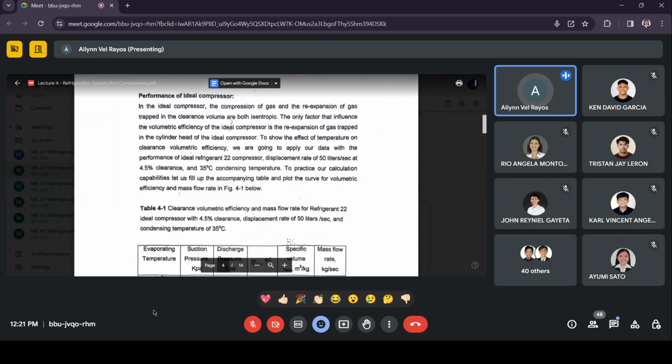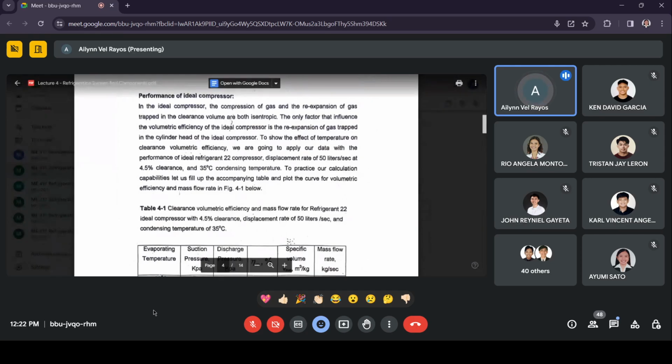To show the effect of temperature on clearance volumetric efficiency, we're going to apply our data with the performance of an ideal refrigerant 22 compressor, displacement rate of 50 liters per second, 4.5% clearance, and 35 degrees Celsius condensing temperature. To practice our calculation capabilities, let us fill up the accompanying table and plot the curve for volumetric efficiency and mass flow rate.